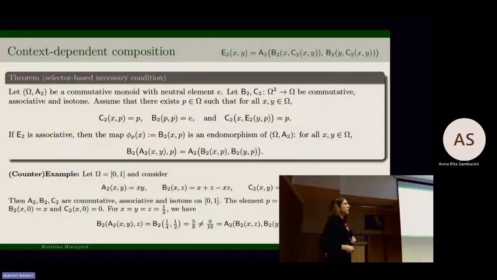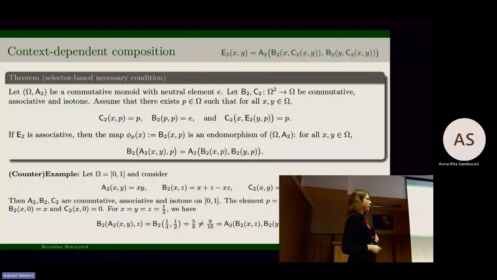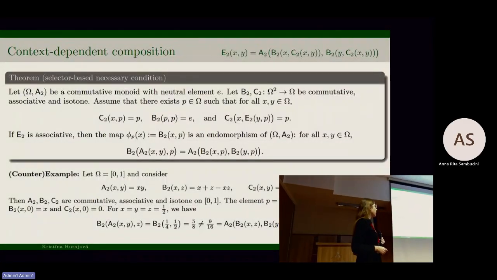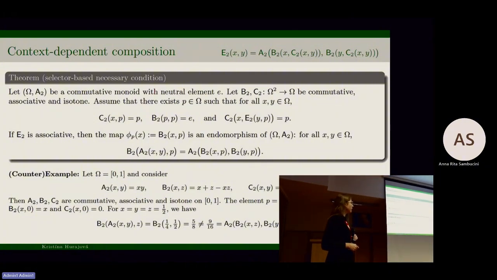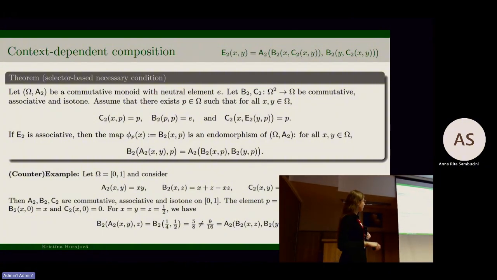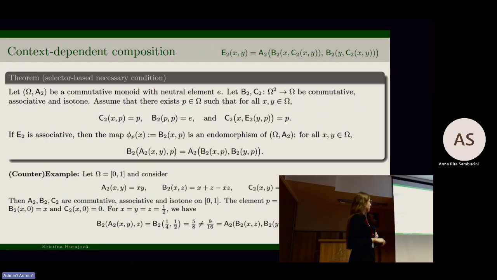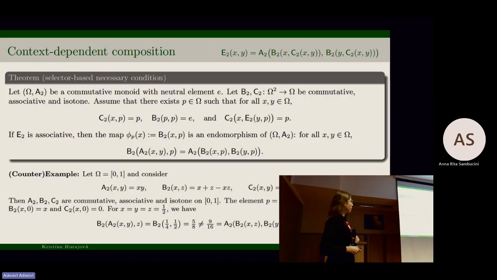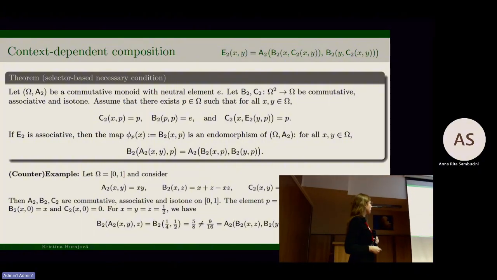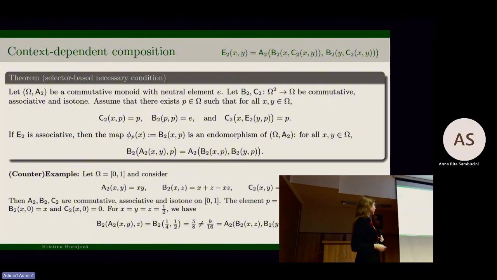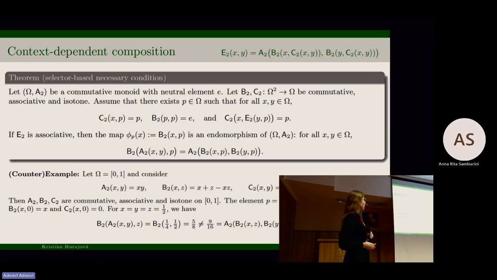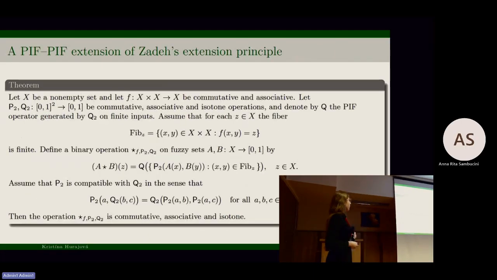And many associative operators don't satisfy it when we combine them. We can see in this example that even common operators such as the probabilistic sum don't satisfy these conditions.